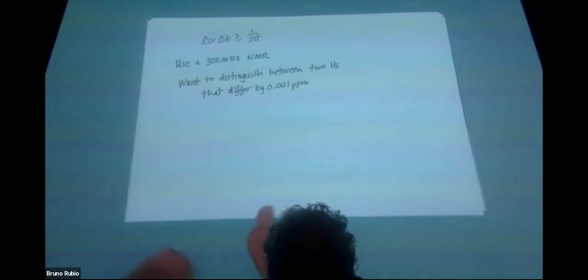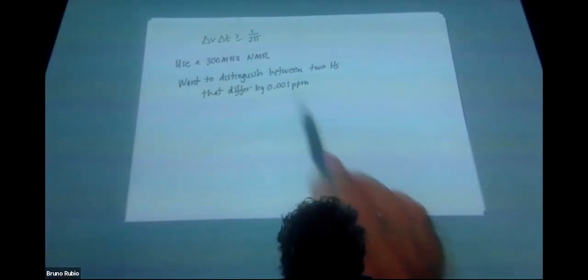All right, so now what we're talking about is the resolution of an NMR instrument, right? Every scientific instrument has a resolution, and about the limit of an NMR resolution is about 1,000th of a ppm.